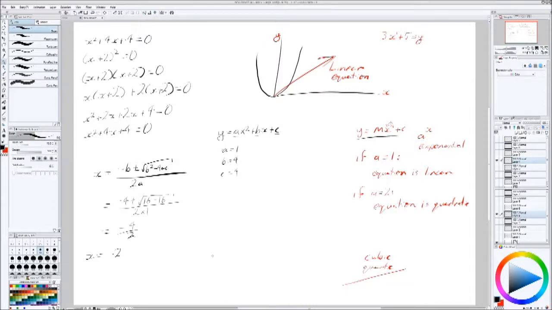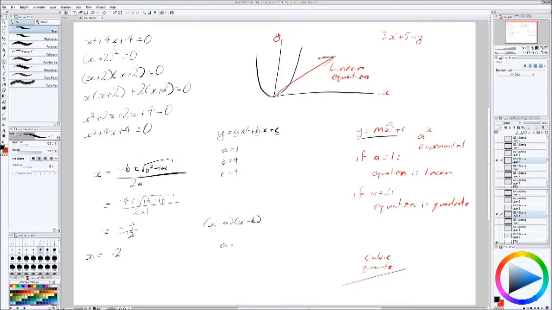And the way we can then connect that to the x plus 2 up above is those brackets are always x minus a, x minus b.